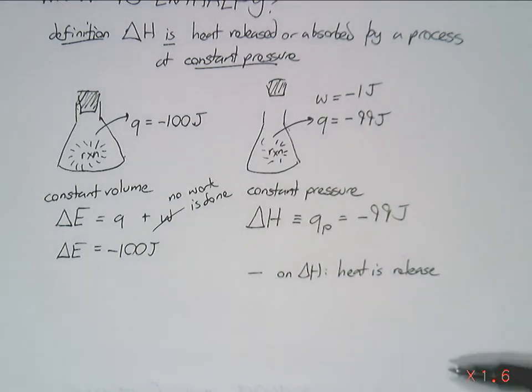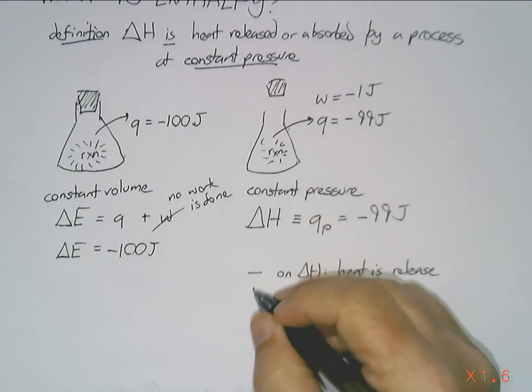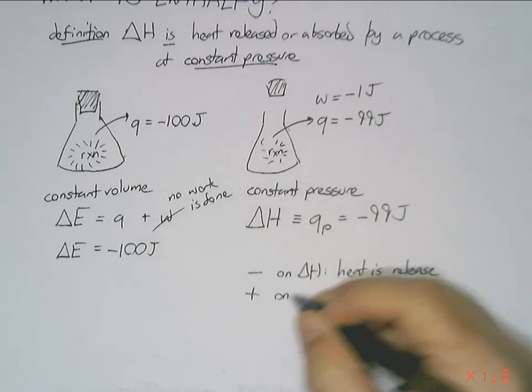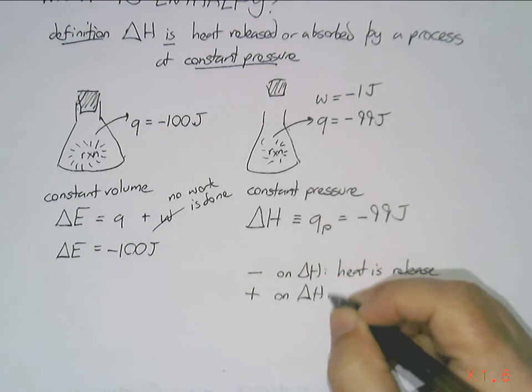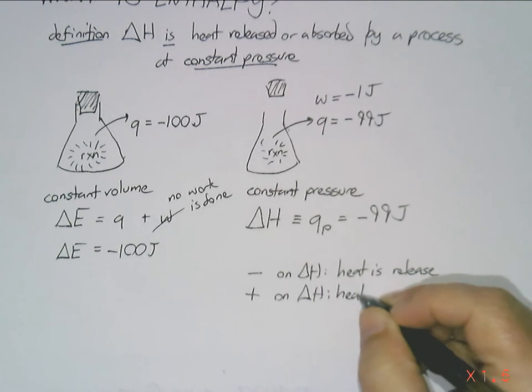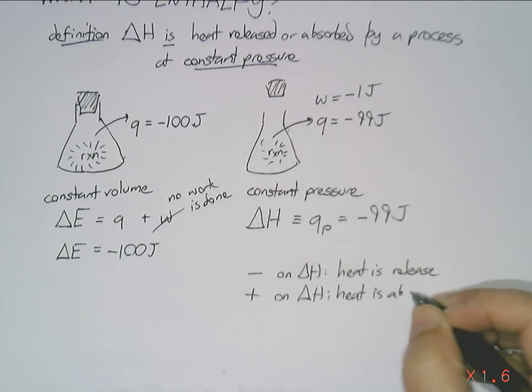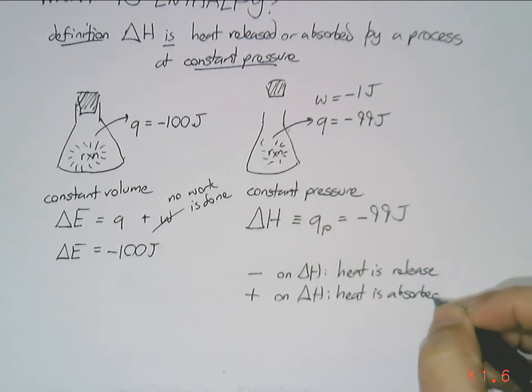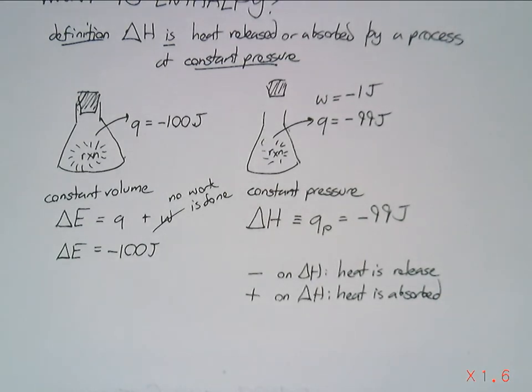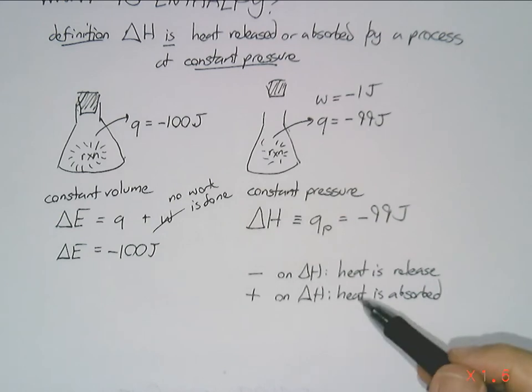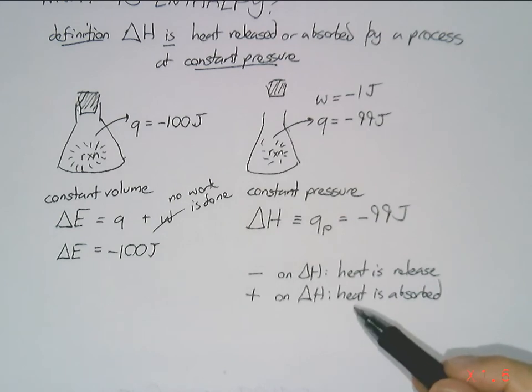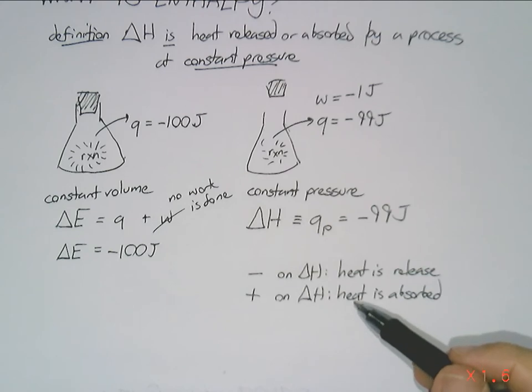So you always say a negative delta H on a combustion reaction, for example. When you've got a positive sign on delta H, it means heat's being absorbed from the surroundings. And in that case, it'll feel colder. And reactions like that are a little bit rarer, but they do occur. Some of these reactions that occur in a chemical cold pack are like that.